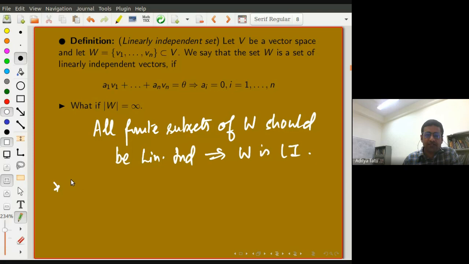The vector space that you should be looking for a subset in is, let's say, this. Can you come up with a subset of this vector space which has an infinite number of elements, which is linearly independent as per the stated definition?